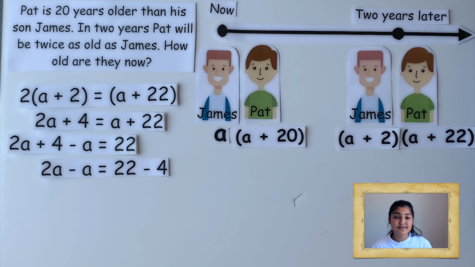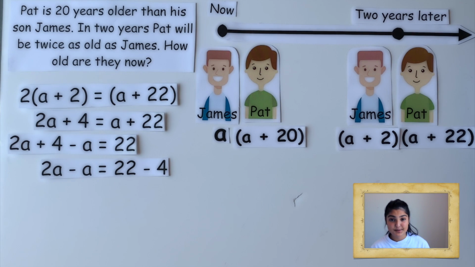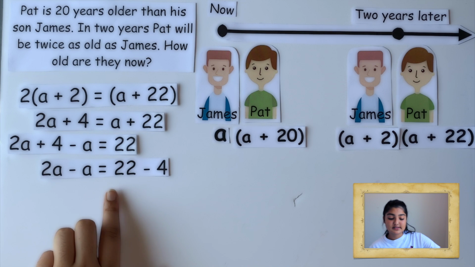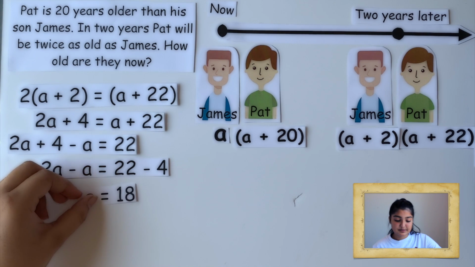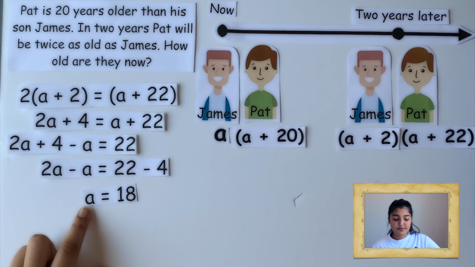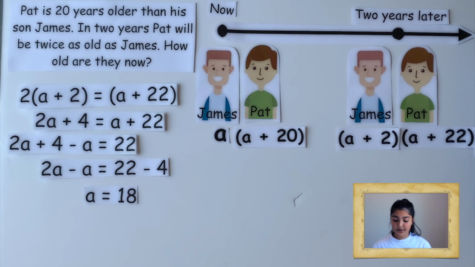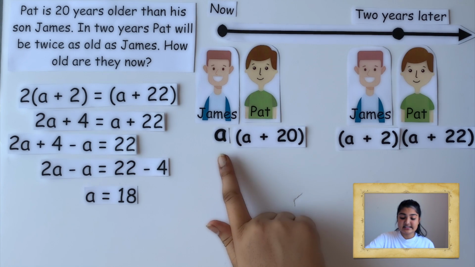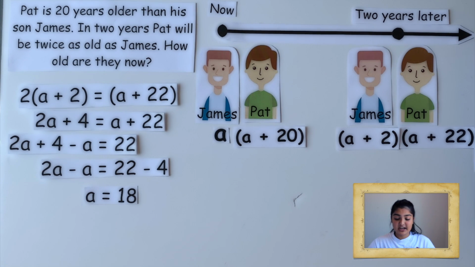So now, let's simplify both sides of the equation. 2A minus A is A, which is equal to 22 minus 4, which is 18. This gives us the value of A, which is 18.